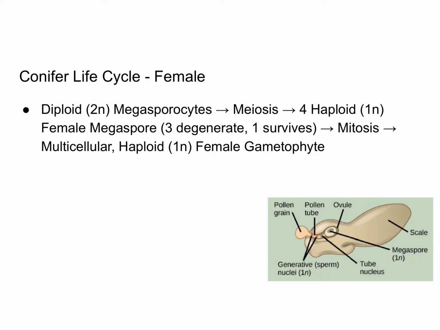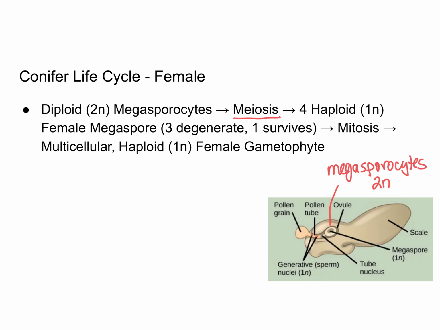As we mentioned on the previous slide, the megasporangia contain megasporocytes. So within the ovule, we have these megasporocytes. And these are diploid cells, so they have two sets of chromosomes, and they're going to go through meiosis.